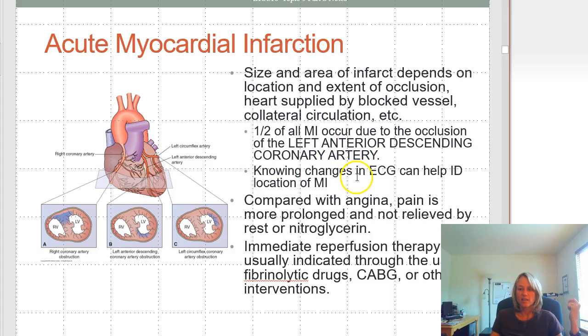Knowing changes in the ECG can also help to identify the location of the myocardial infarction. If you do a full 12-lead EKG, you can help pinpoint the area of the heart that was involved. With a heart attack, immediate reperfusion therapy is usually indicated, and this can be done by giving drugs to break down the clots or coronary artery bypass grafts or other interventions.